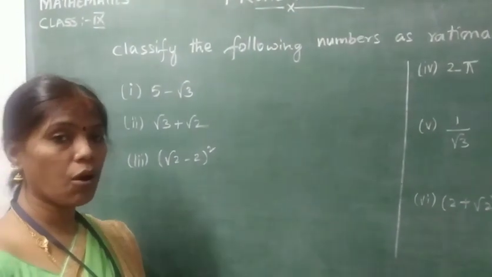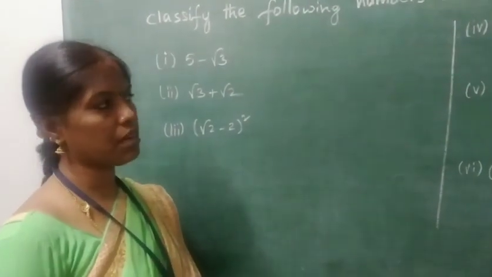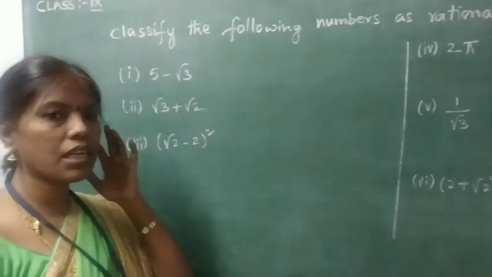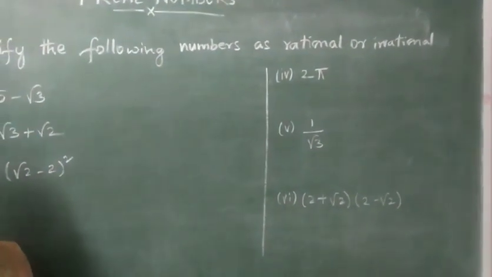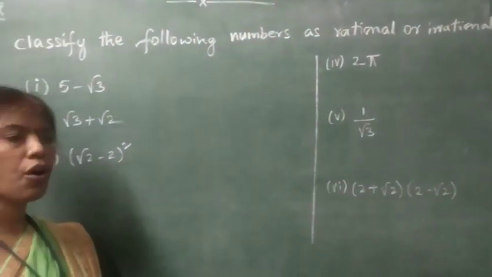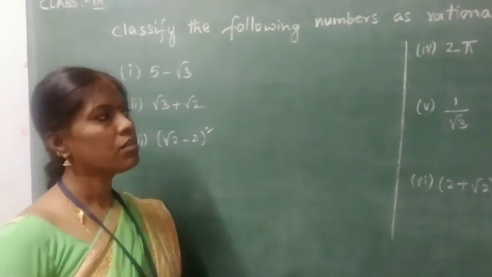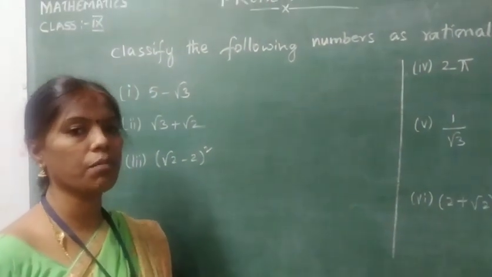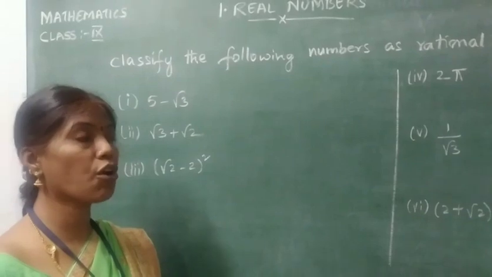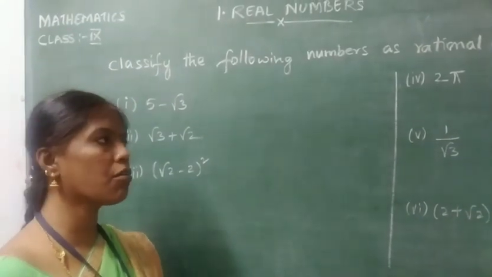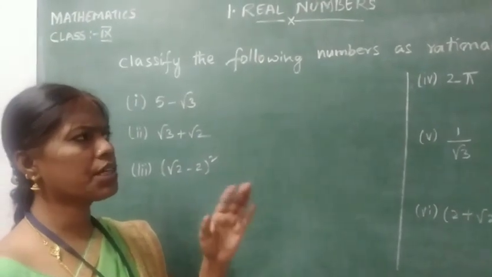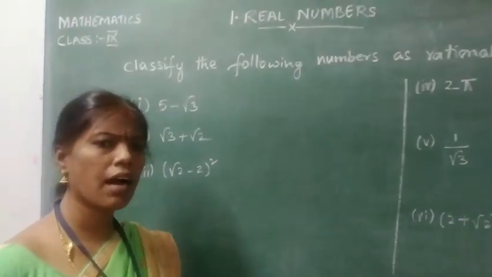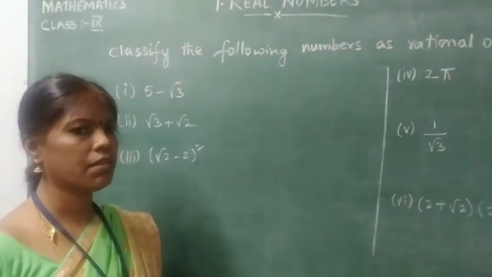If the square root of a number is a whole number, we call it a rational number. Whereas irrational numbers are non-terminating, non-recurring decimals, square roots of numbers that are not whole numbers, and numbers which cannot be expressed in the form of p by q. So about rational or irrational, we have a good idea.